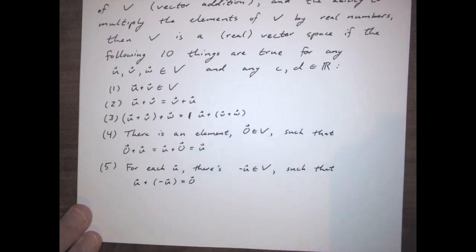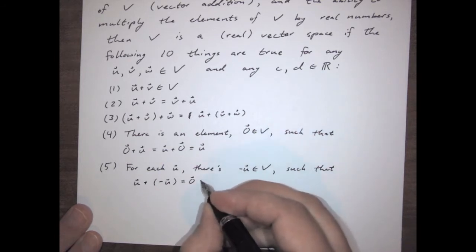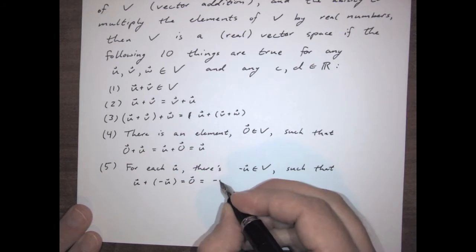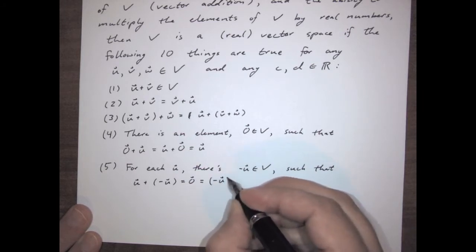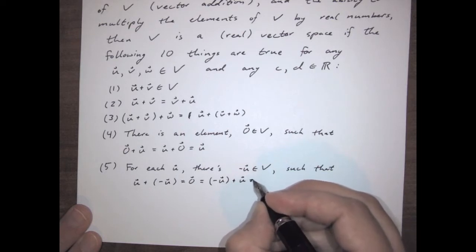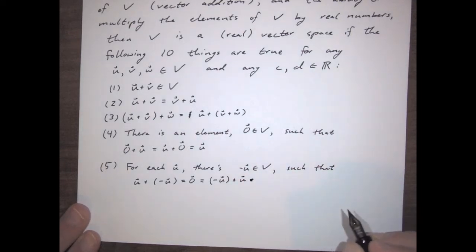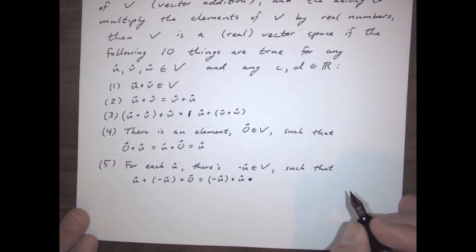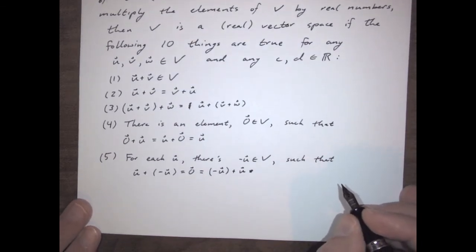And for that matter, that has to be the same thing as negative u plus u. Oops. So those both have to equal 0. And that's what makes a negative a negative. It is what's called an additive inverse.